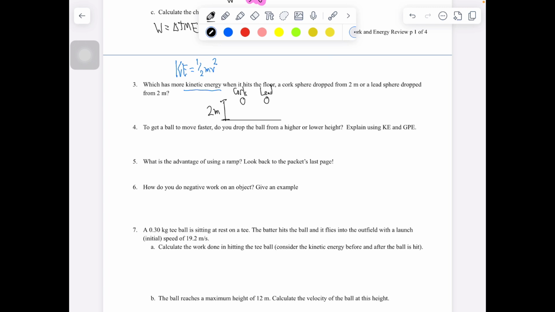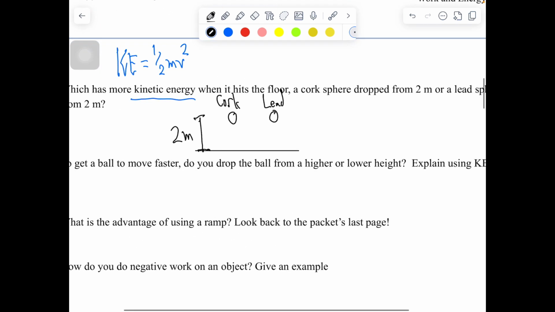Well, we just have to identify the types of energy that are going to be present. At the top, for both the cork and the lead sphere, we will have gravitational potential energy. And then, for both the cork and the lead sphere, we will have kinetic energy at the bottom.